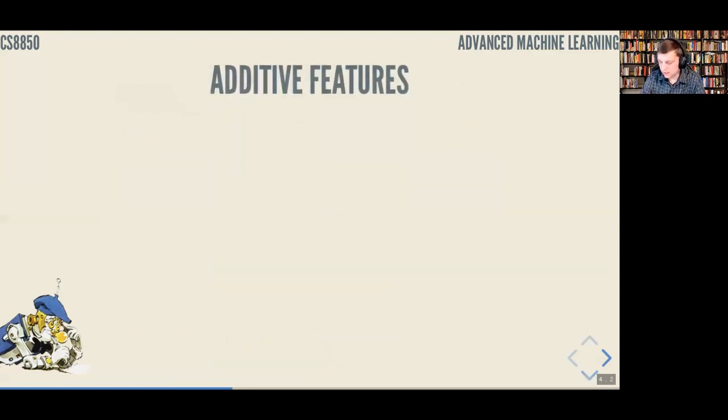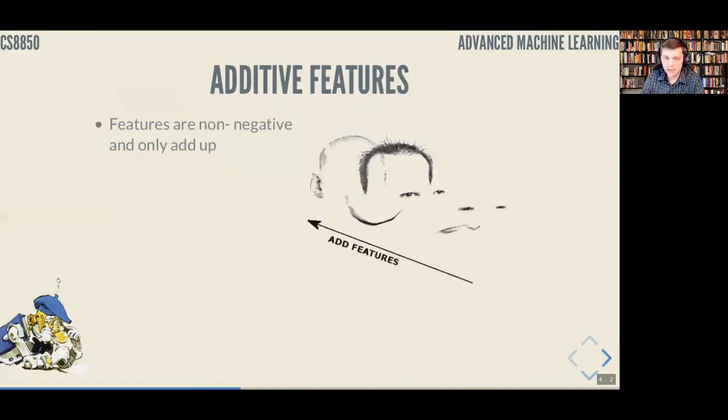Non-negative matrix factorization. So what is it? Think about additive features, anywhere you have additive features, when you cannot subtract, when all of the features are positive. Gene expressions are like that. Arguably our facial features are like that, or at least we can use them.